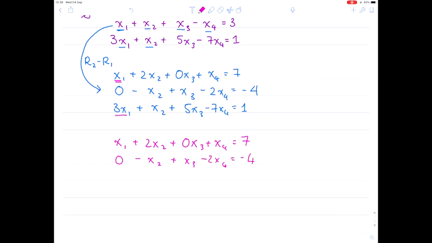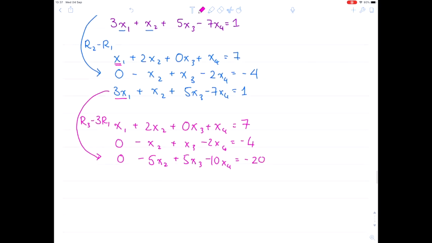But what we are going to do is take our third equation and say row 3 minus 3 times row 1. So that's going to give me a 0 and a minus 5x2 plus 5x3 minus 10x4, and that's going to be equal to minus 20. So you can check my working, but I think that's right.